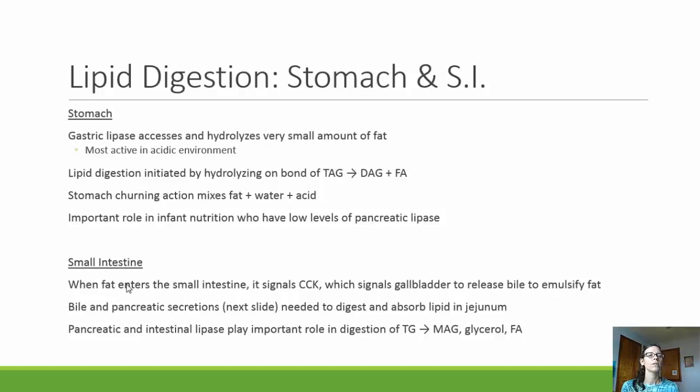So some of the breakdown that's going to happen in the stomach is hydrolyzing a triacylglyceride into a diacylglyceride plus a free fatty acid. So we're starting to break off those fatty acids. And then we have our stomach churning and mixing everything up.